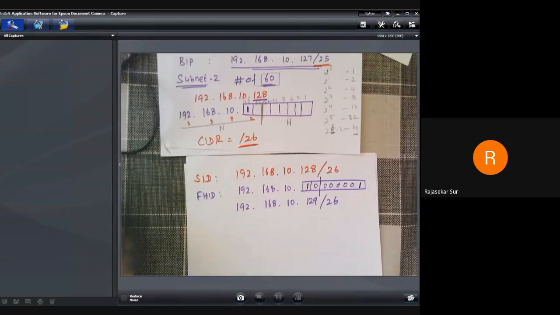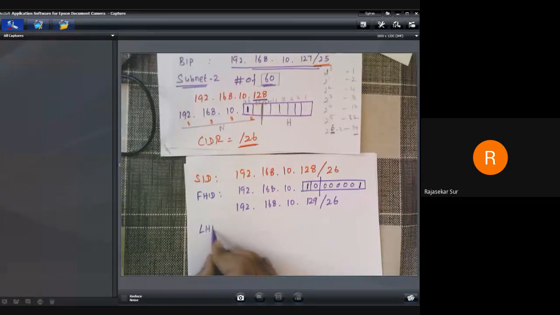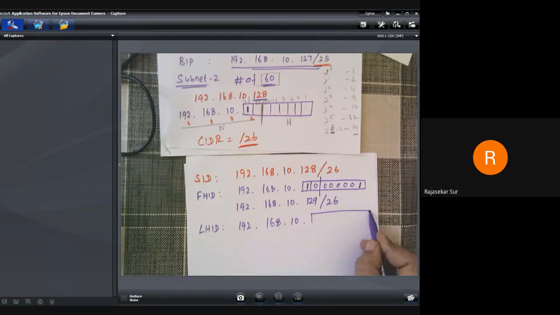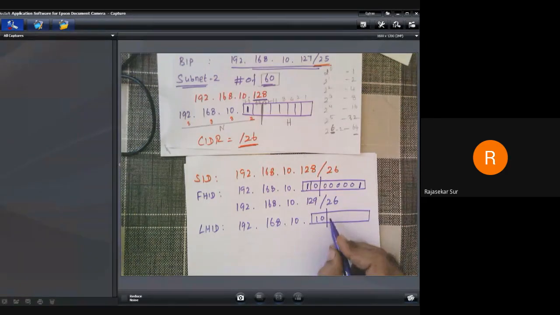Now I'm going for the last host ID. The last host ID is 192.168.10 dot. We have 8 bits here, 2 bits we borrowed, and already we have 10. Here we are going to make everything 1 except the last bit.